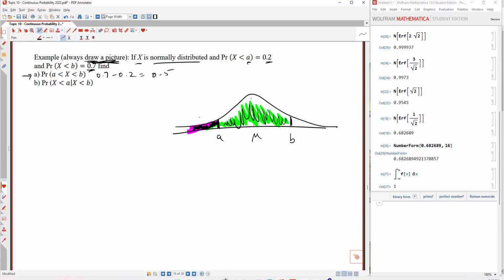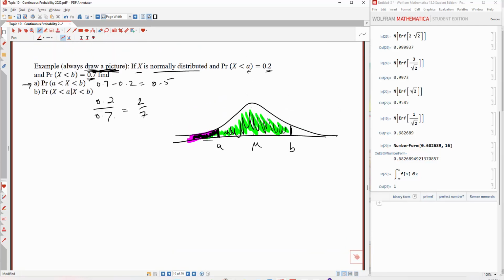Okay, what are the chances of being less than A given that I know it's less than B? Well, less than A is 0.2, and it's conditional probability, so I know that this part has happened, so that's going to be 0.2 over 0.7, which is 2 sevenths. Can't leave decimals over, or a decimal fraction.